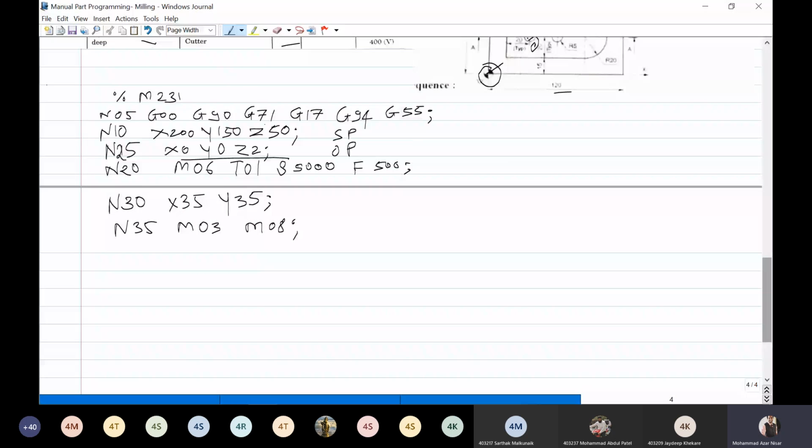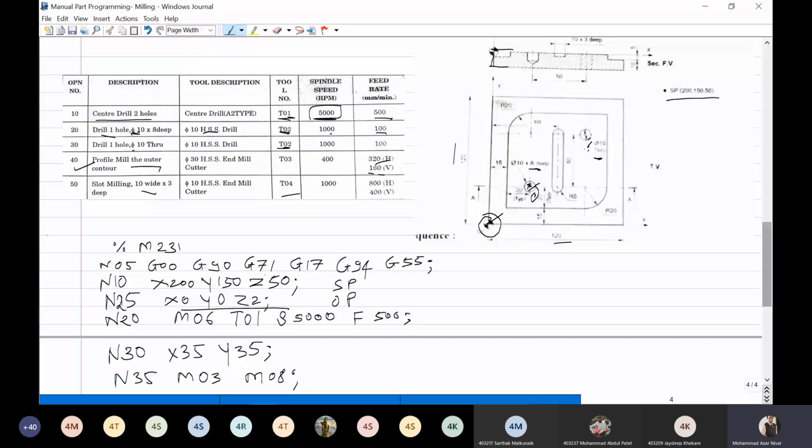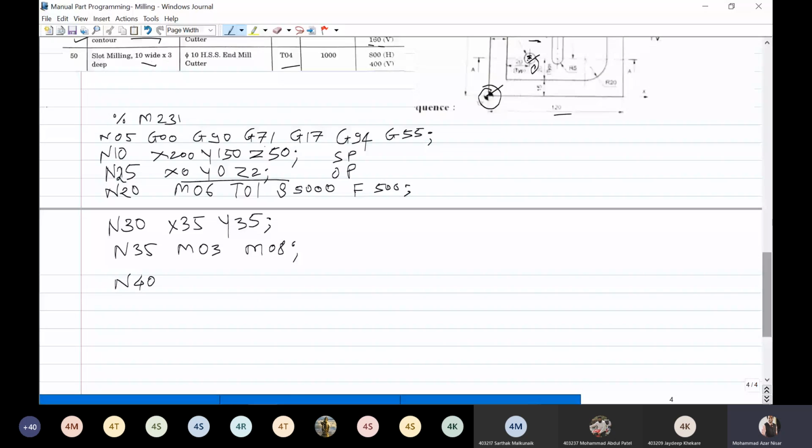Now we have to make the center drill at this position. So for that, I will use G01 Z, I will take randomly Z-5, and R2.